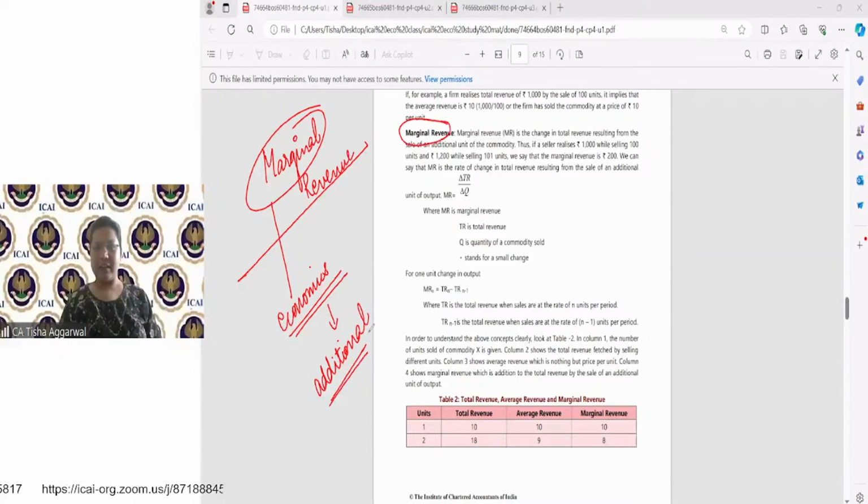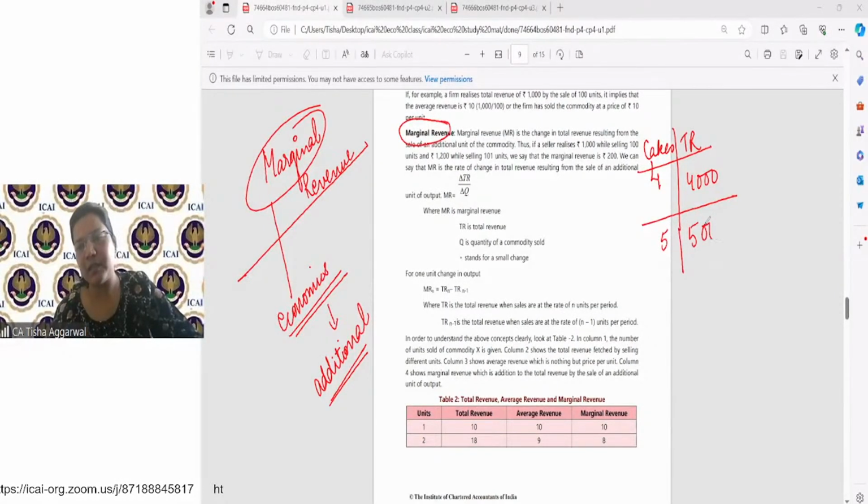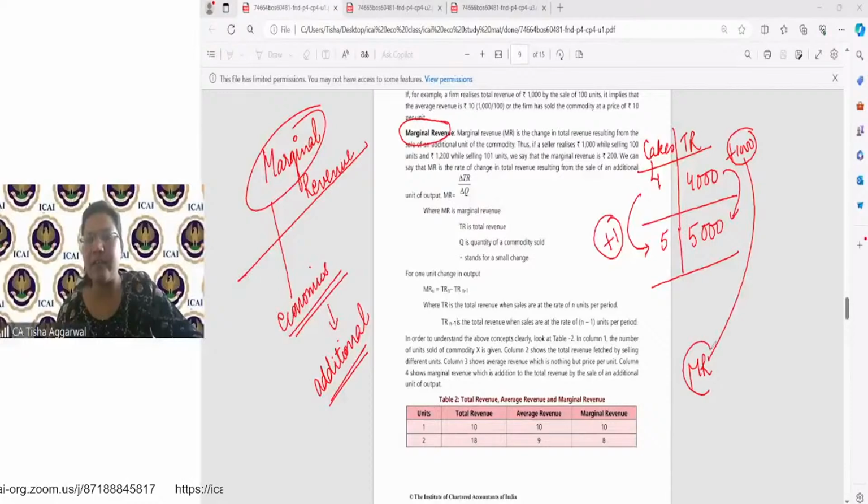What is additional? Extra. Let's talk about Palak's example again. Palak sold 4 cakes at 4,000 rupees, and Palak sold 5 cakes at 5,000 rupees. That one extra cake that Palak sold for the extra 1,000 rupees, this is what is known as marginal revenue.